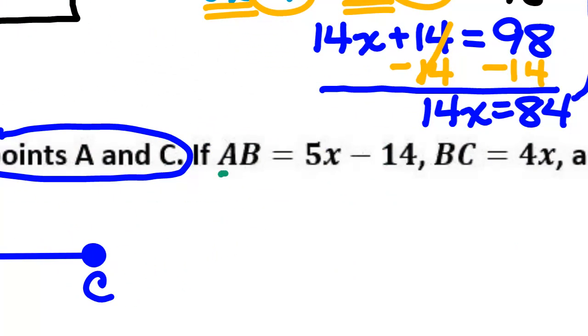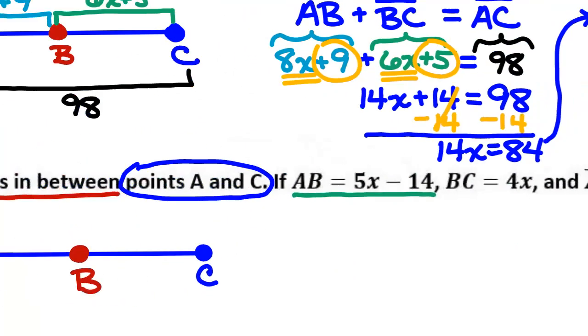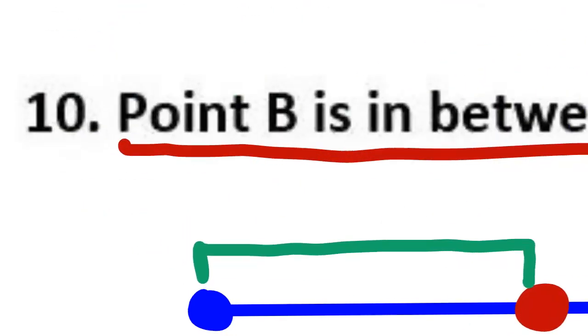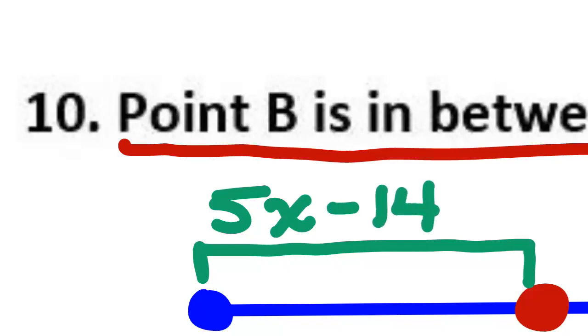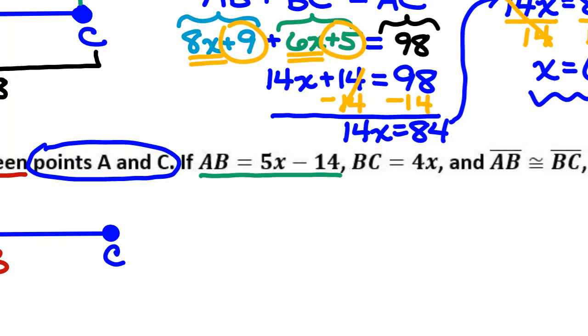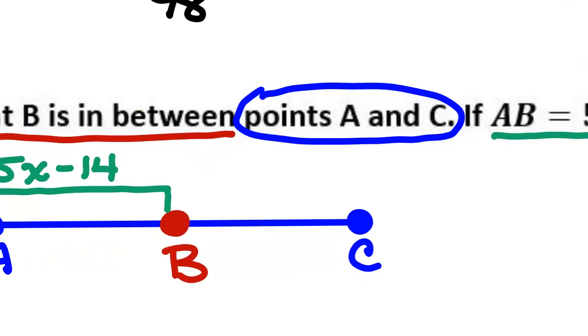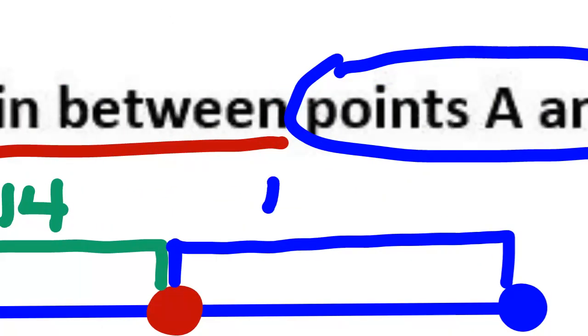Segment AB is 5x minus 14, so I'm going to add that to my picture. 5x minus 14. BC is 4x. So from B over to C is 4x.